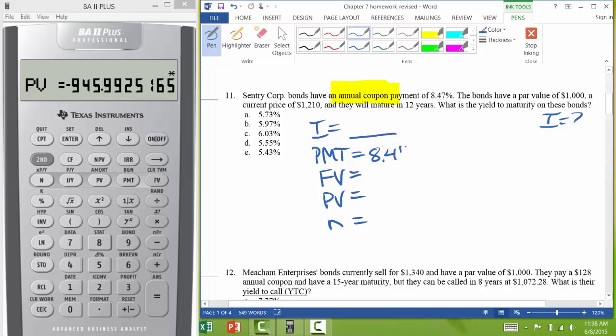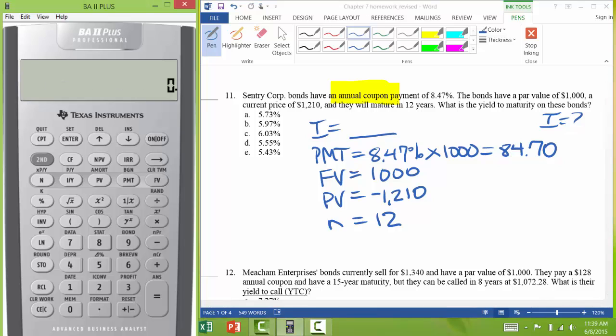The annual coupon payment is 8.47%. So the way that you get the payment, just remember, is you multiply that times the par value. And so you get $84.70 as your payment. The bonds have a par value of 1,000, which most of ours do, a current price of $1,210, so that means it would cost $1,210 to invest in the bond, and they will mature in 12 years. And so I got my inputs for the calculator.